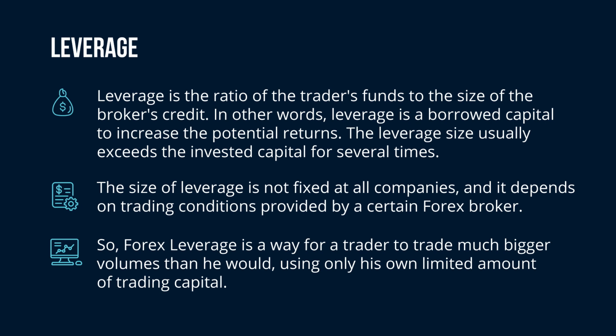Now let's talk about leverage. This term was already used in the first part of the training, and I explained to you that with the help of leverage, clients can invest in Forex without huge investments, because brokers provide them leverage. Leverage is the ratio of the trader's funds to the size of the broker's credit.